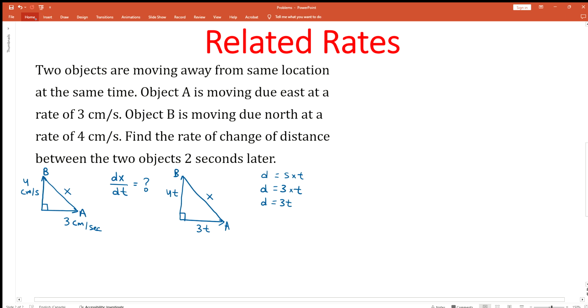As per the Pythagorean theorem equation, in this equation, c represents the length of the hypotenuse, which is x, and a and b are the lengths of the other two sides of the right angle triangle.